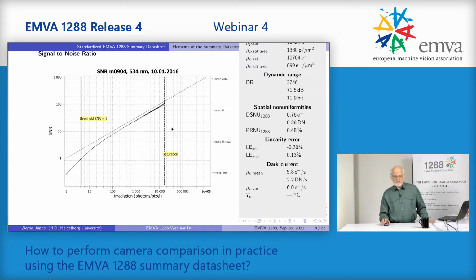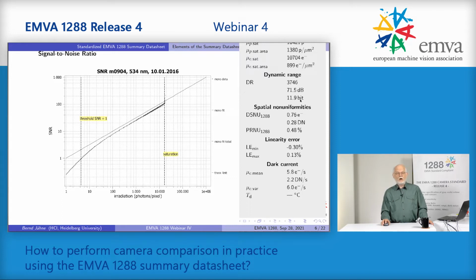In addition, you can immediately see what's called the dynamic range. You know the highest irradiance we can measure, you know the lowest one in photons per pixel, and the ratio of the two is just what's called the dynamic range. And that is like the signal to noise ratio, so you can express it as a direct ratio, which is almost 4,000 in this case, or in dB or in bits again.